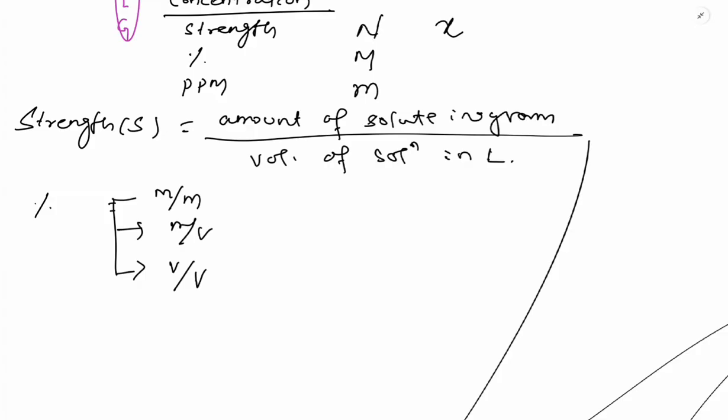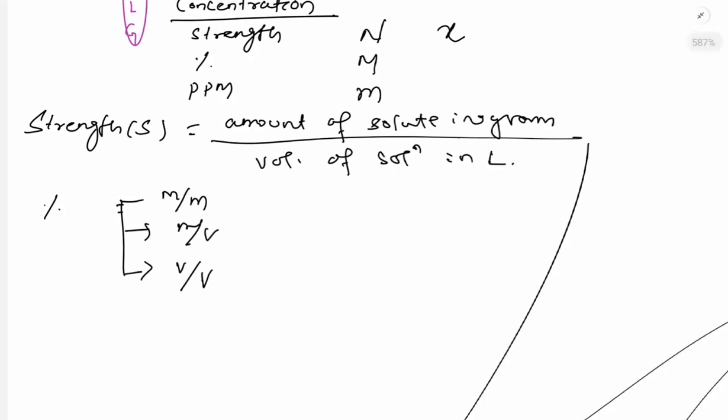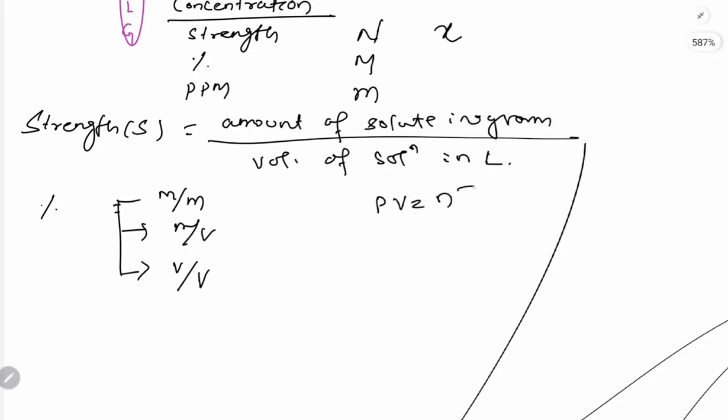From the gaseous state we know that PV equals nRT. So we can see that the temperature term is related to pressure, volume, and also number of moles. So always remember, if the formula contains a volume term, then it will depend upon temperature.